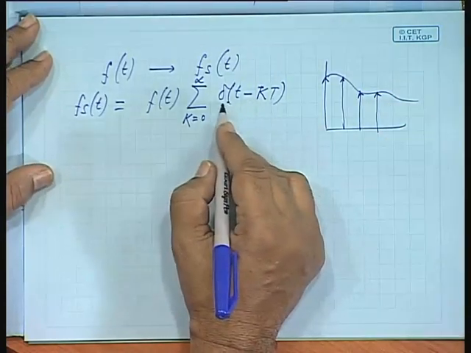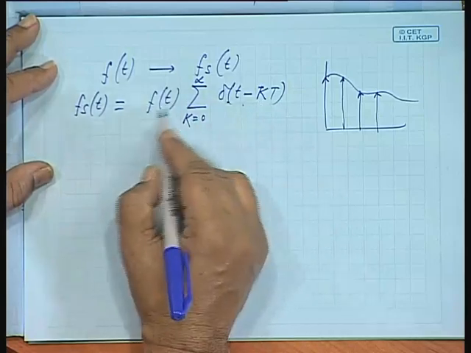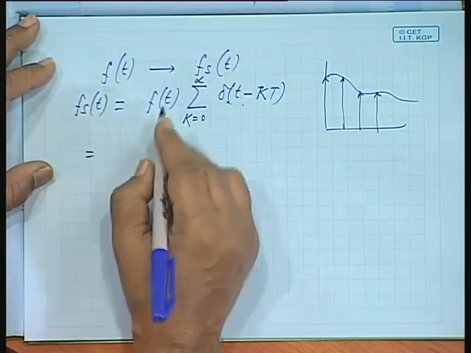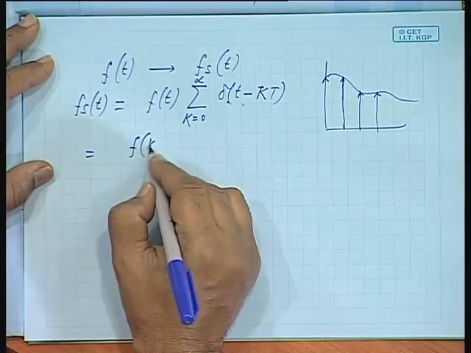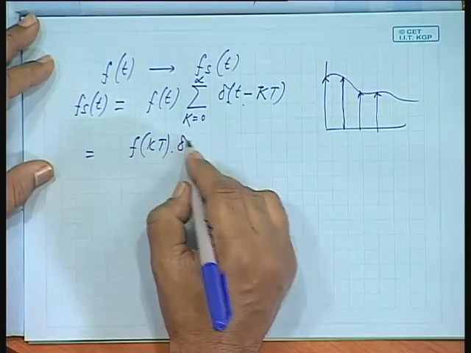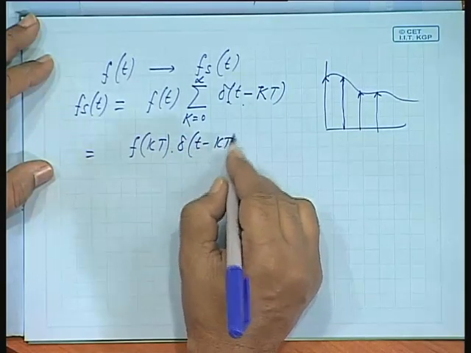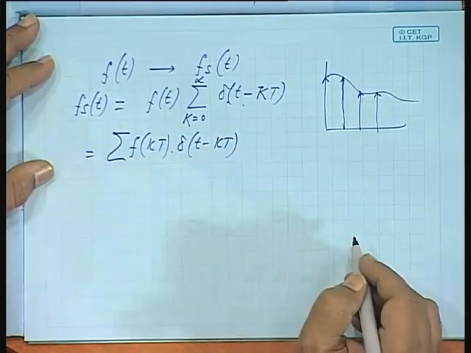So, delta functions of unit magnitude at regular intervals will give me f k T as the weightage of that delta function. I can write like this.